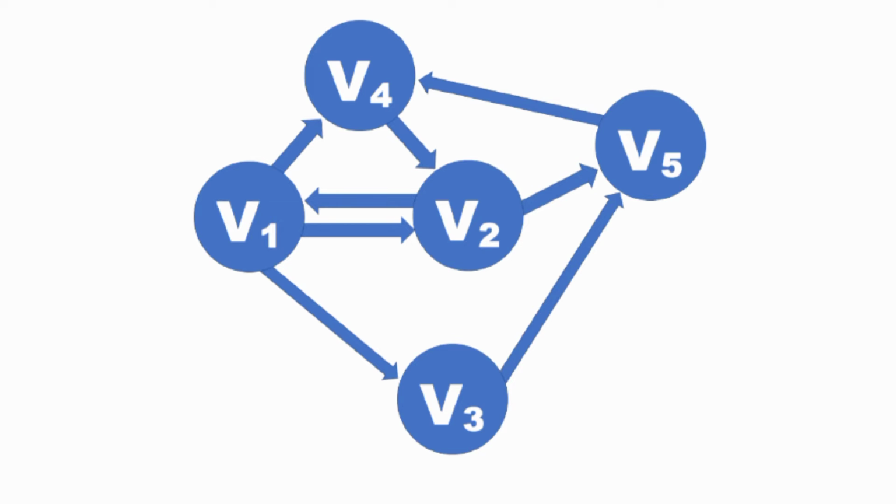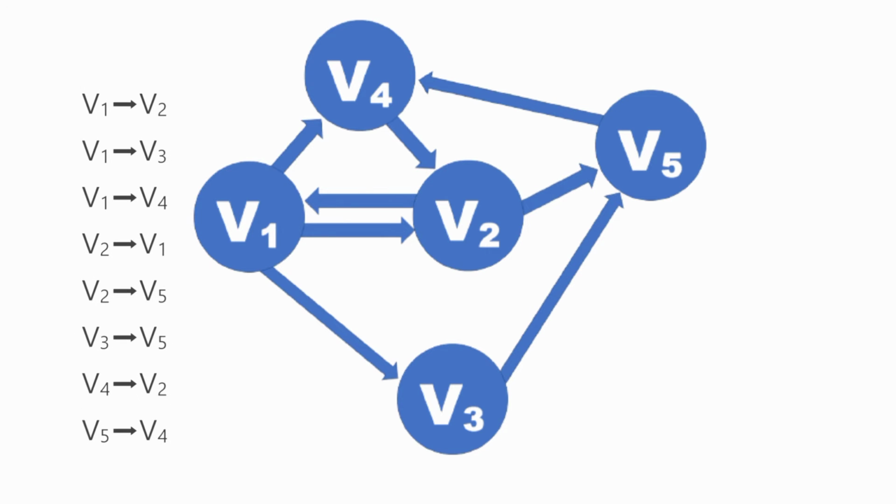V sub 2 has a directed path to V sub 1 and V sub 5. V sub 3 has a directed path to V sub 5. V sub 4 has a directed path to V sub 2. And the last, V sub 5 has a directed path to V sub 4. These are the vertices having a directed path.